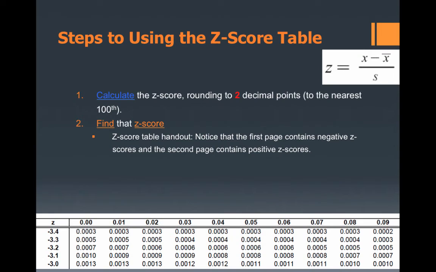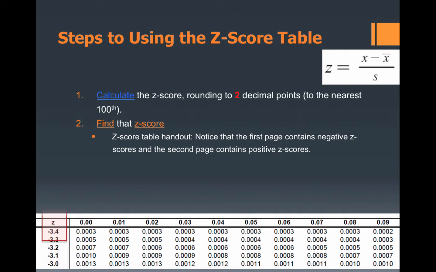So here's an example of what we're looking at. If we look all the way to the very left column, you'll see z, and in bold, your whole number and your tenths place. So negative 3.4 to negative 3.0, and you'll see it goes all the way down to 0. If you're on the positive side, it'll be from 0 all the way to positive 3.4.